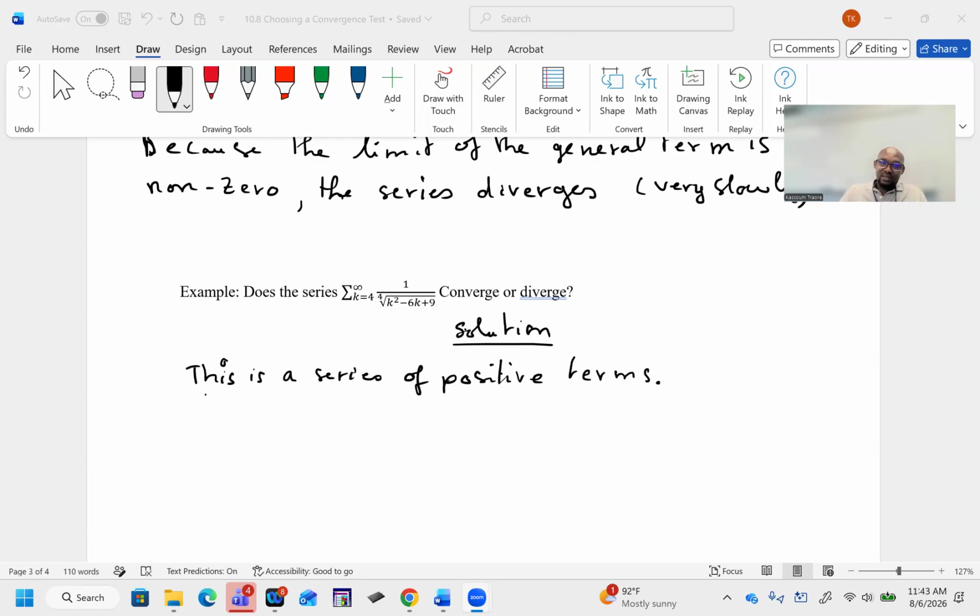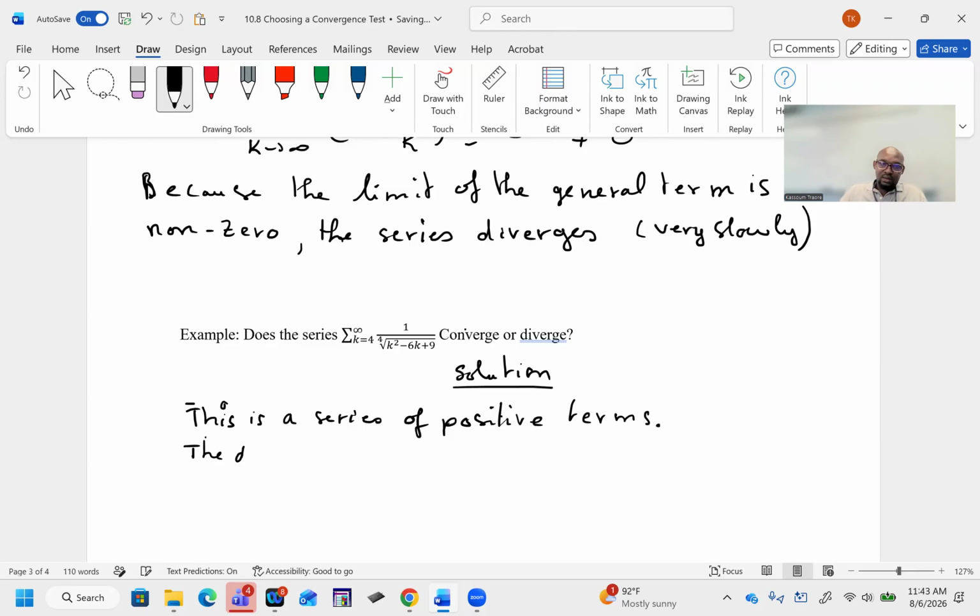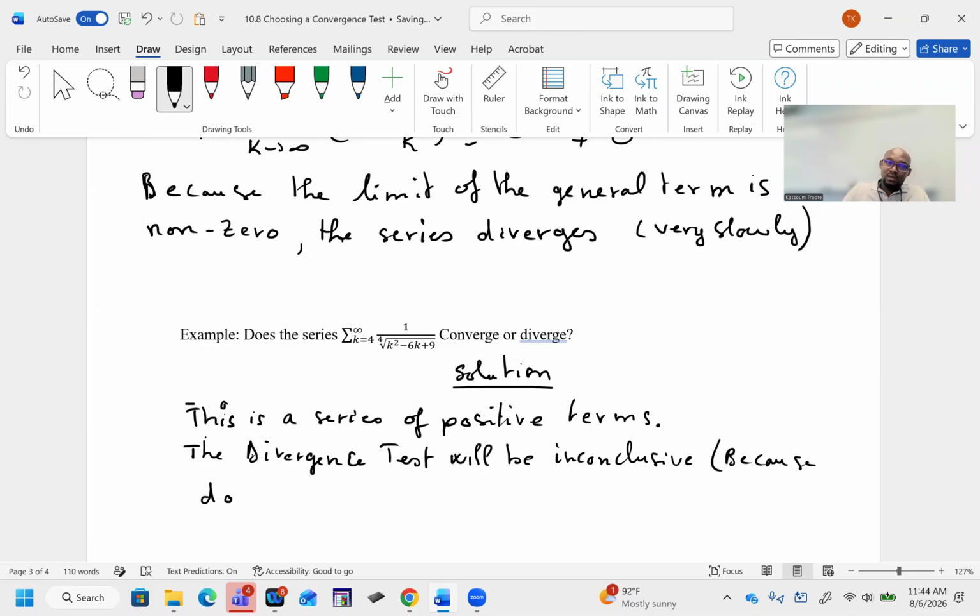Okay, let me write: the divergence test will be inconclusive, because it cannot prove convergence. Okay, that's why we do not use divergence tests.